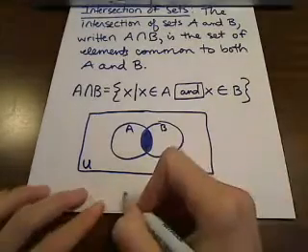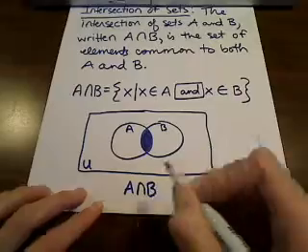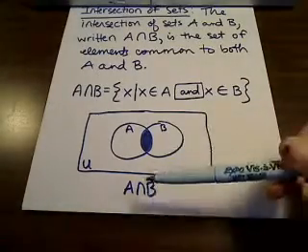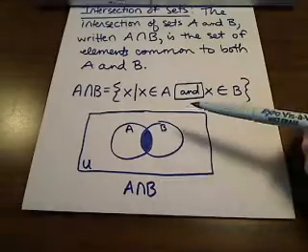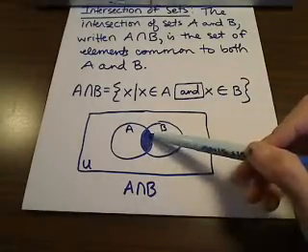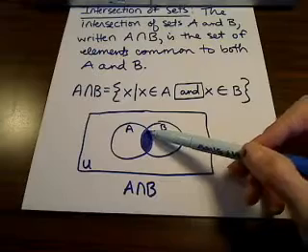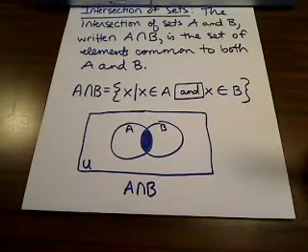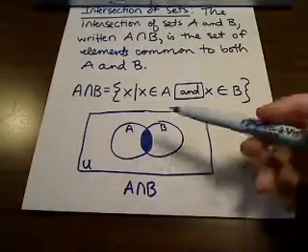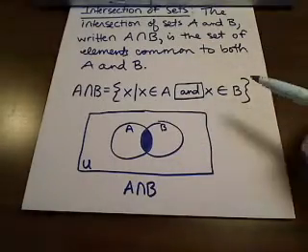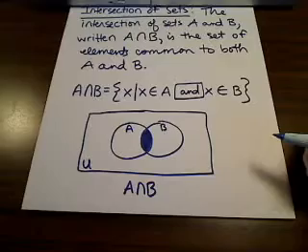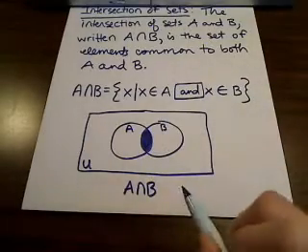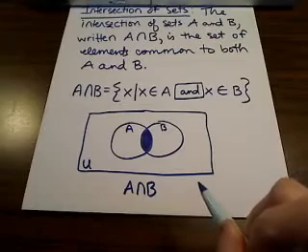Okay. Now I'm going to label this as A intersect B, and what I want you to understand is that A intersect B is now a new set, and that new set looks like this. It has these elements right here. Now I haven't named any of these elements. I'm just showing you a region on a Venn diagram. Okay, but if we listed A and B as having elements, and I'll give you an example in a second, then wherever they overlap is what that would be.